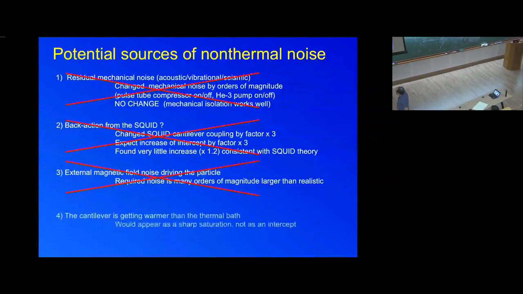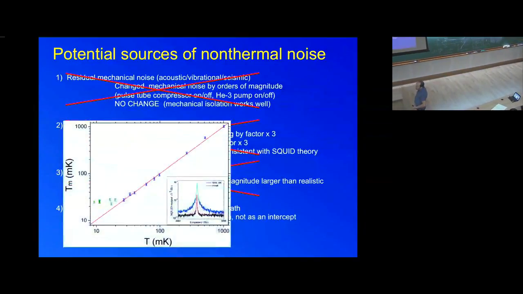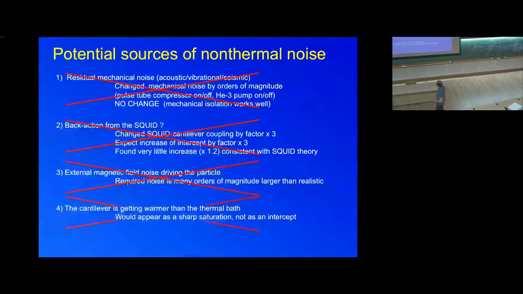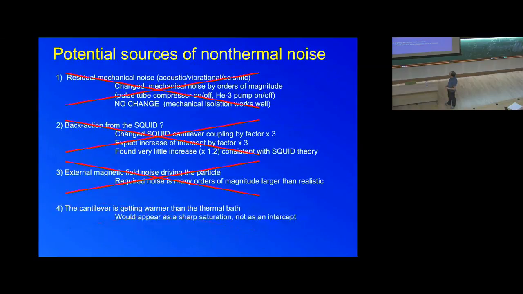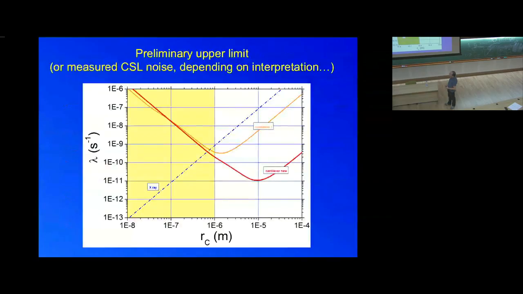As long as I do not make any claim, this exclusion plot is safe. It is a claim which I can make because I take the worst case option in which the noise is not due to CSL. I cannot tell anything about what this noise is.